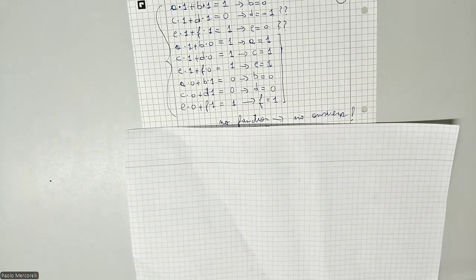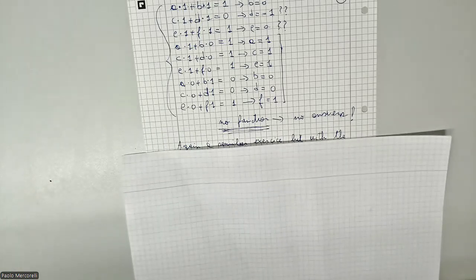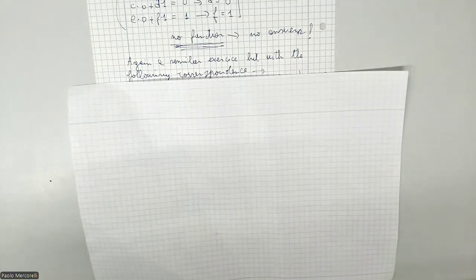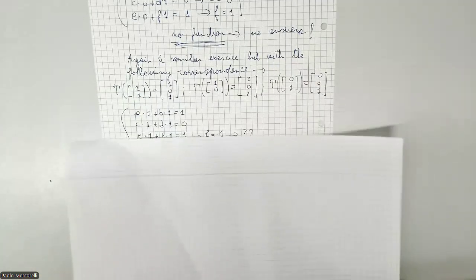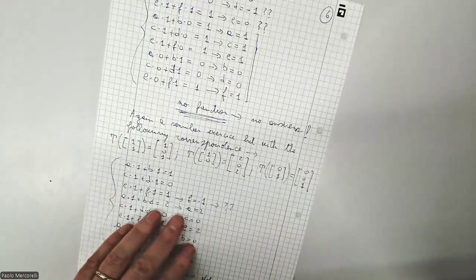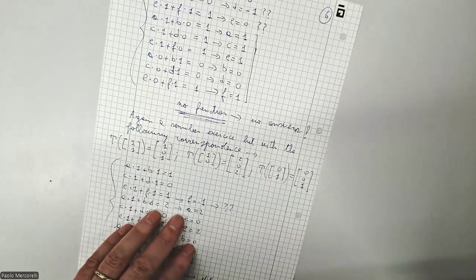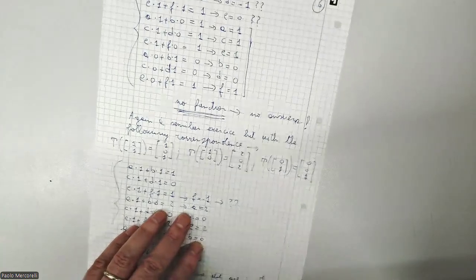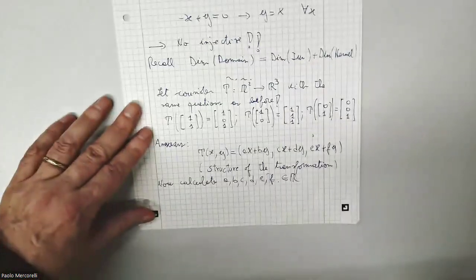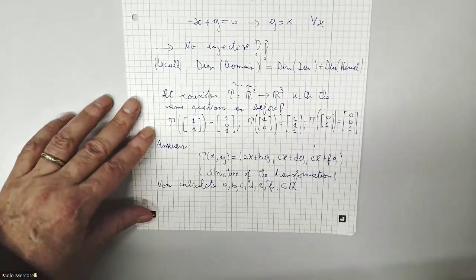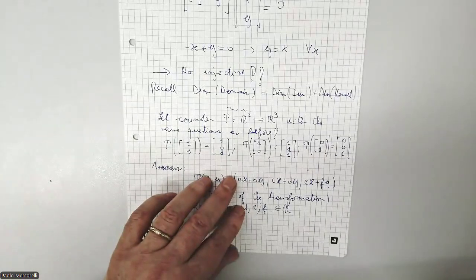Now, assuming that we understood, but I think it's no problem, we have everything: A, B, C, D, E, F, 6 parameters. Oh no, here we have a problem. I clarify what I intend.